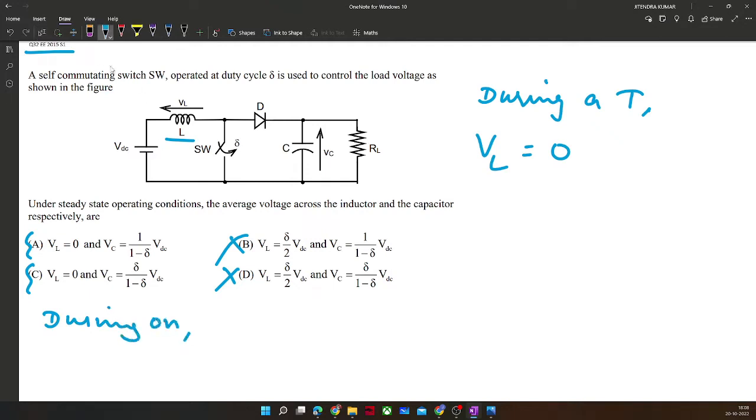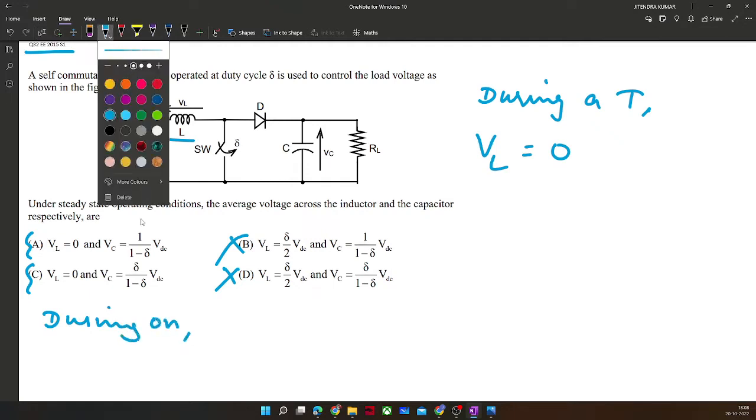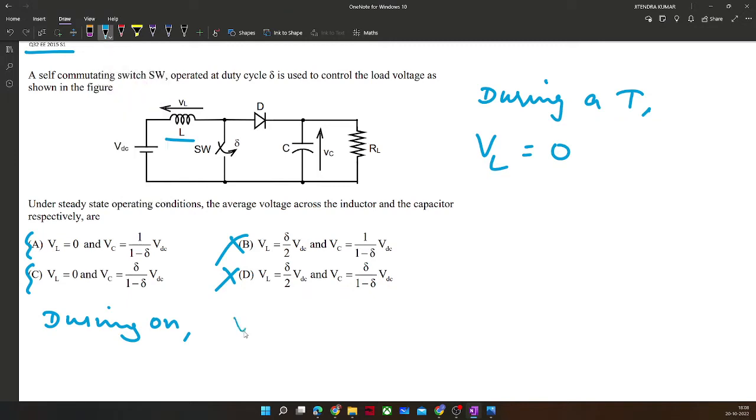During on condition, if this switch is on, then VL will be equal to VDC minus VDC. But since this direction is shown opposite, you can take this polarity, so VL would be equal to minus VDC.